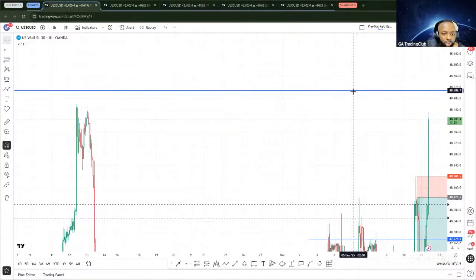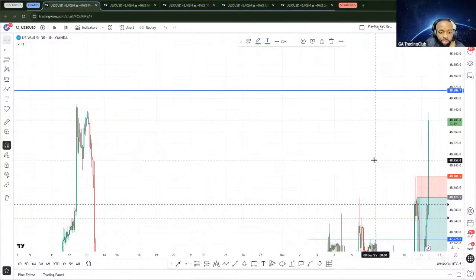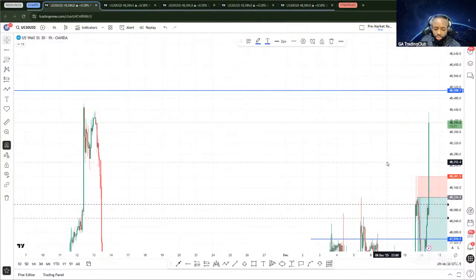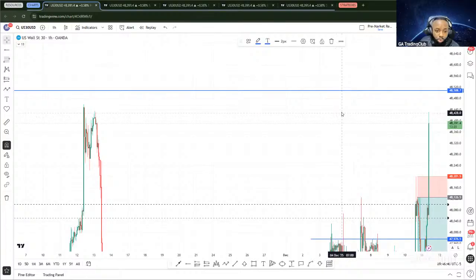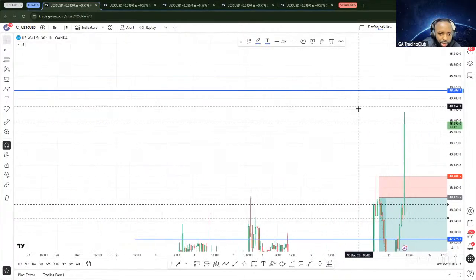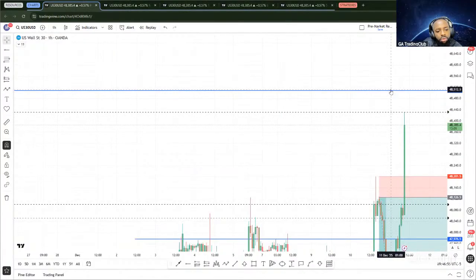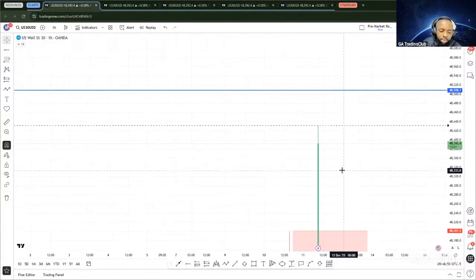The entry will be, and we have 13 minutes, so we'll see how this candle closes in the next 15 minutes. If this is the high of this candle at 10 a.m., what I'll end up doing is set up, and I typically set 2 trades.